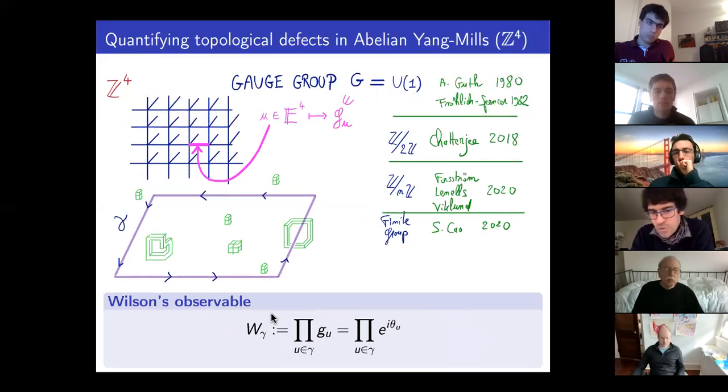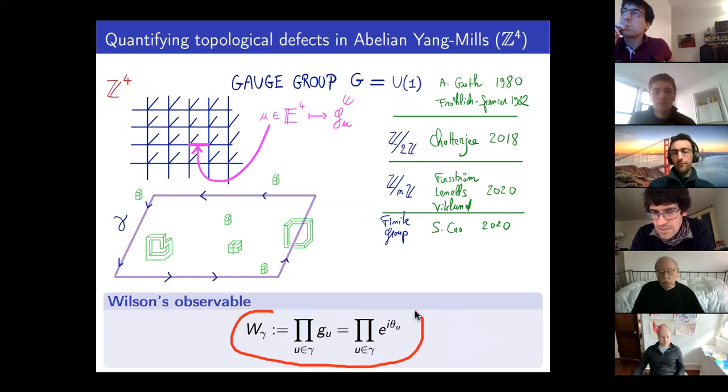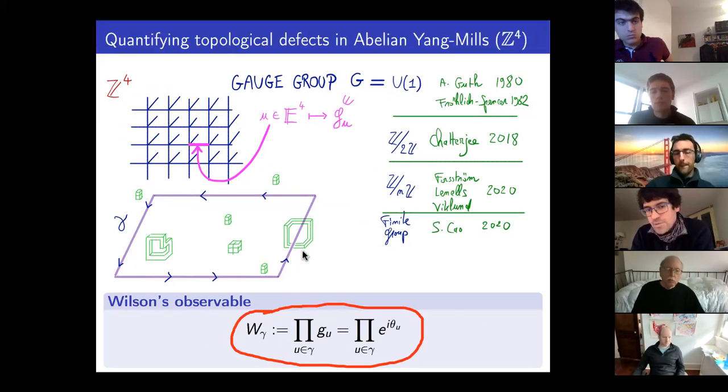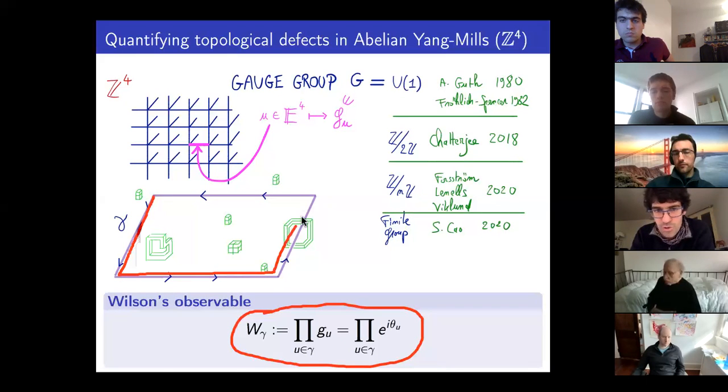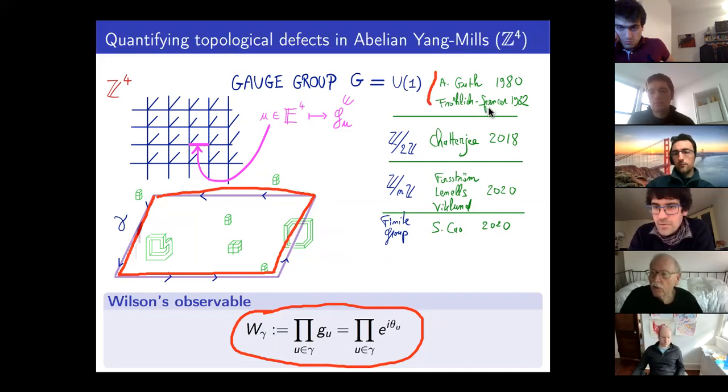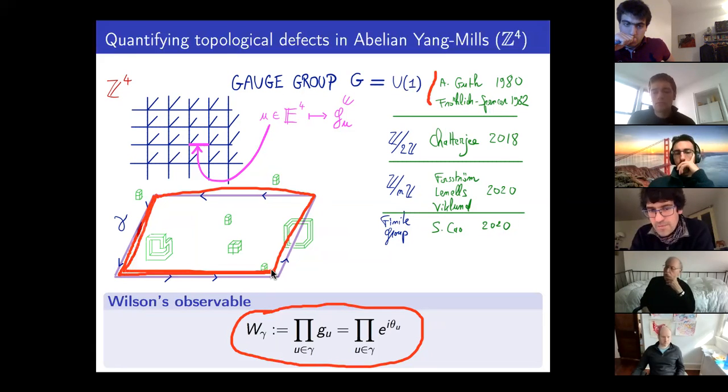And what we look at, as in all those works and in all works previously in the math physics about lattice gauge theory, is this gauge invariant observable, which is natural from the physics point of view, which is to integrate the randomness on the 1 forms along this path gamma here. And in the 80s, Alan Guth and Fröhlich-Spencer proved that there is a very beautiful phase transition for the behavior of this Wilson observable, which has the same flavor as the KT transition in dimension 2.